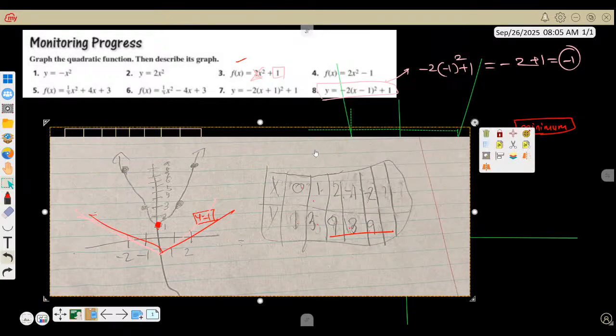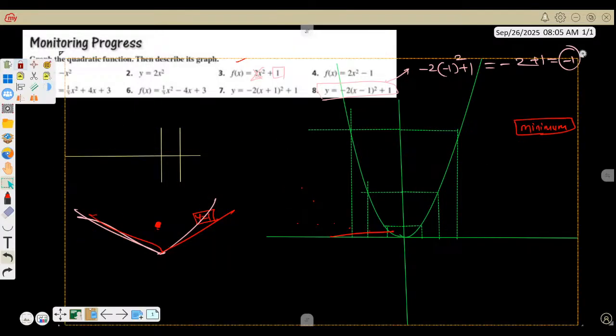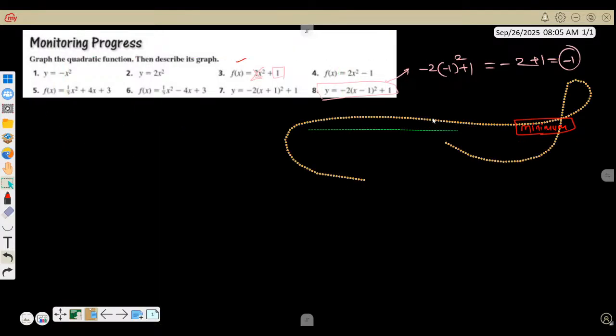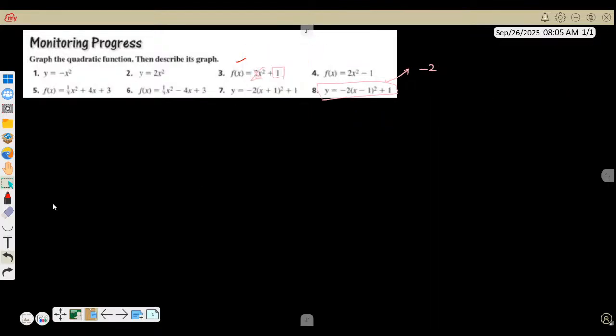So now let's try another question. Okay. Delete all of them. Now make the graph of this number 7. The function is a little bit complicated.